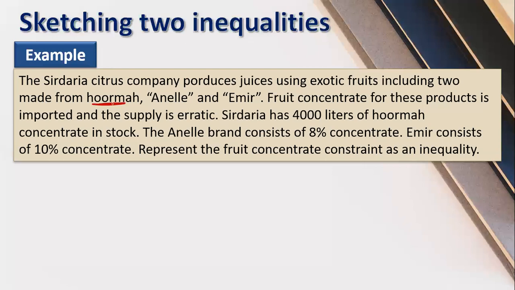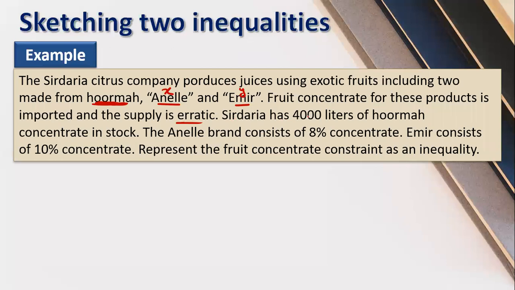Hurma is the concentrate fruit with the help of which they create two brands of juices: Anil, which is X, and Emir, which is Y. The fruit concentrate for these products is imported, and supply is erratic, but flexible. There is no restriction on the supply.